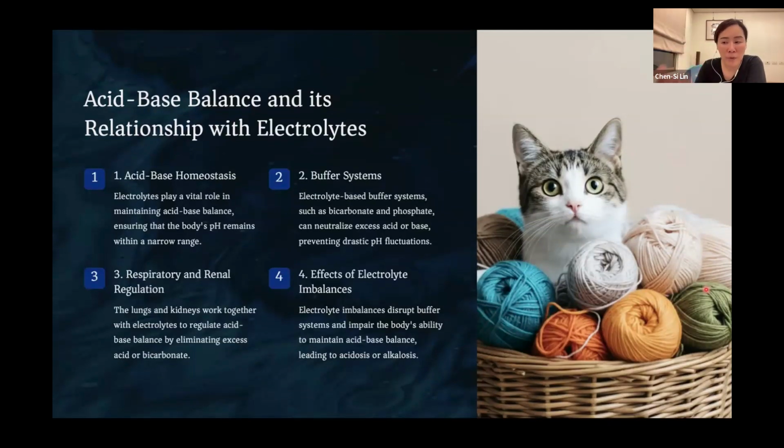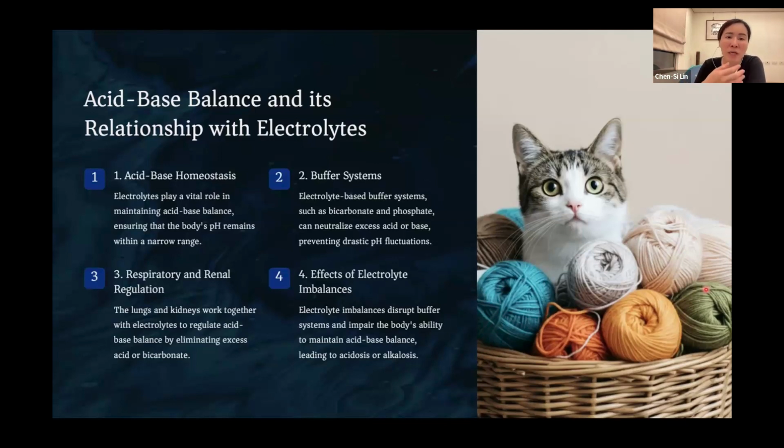And potassium mainly exists within the cell. It's the main electrolyte within the cell, in the intracellular fluid. So different kinds of electrolytes are distributed in different compartments of the body. So they are responsible for maintaining the osmolarity of our cells.